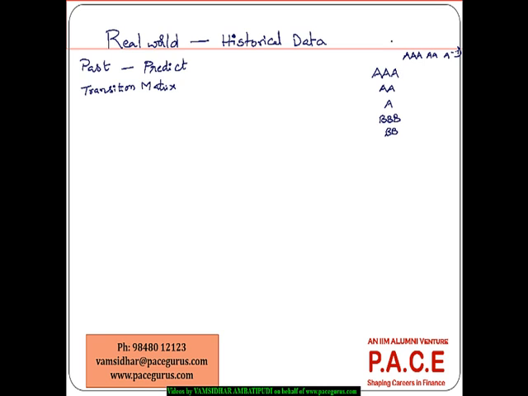Now this is always a 1 year transition matrix. Within 1 year, what is the chance that a AAA rated company now will still remain at AAA? This is one number. The company which is rated AAA will move to AA at the end of the year. Similarly, it will go to default at the end of the year.